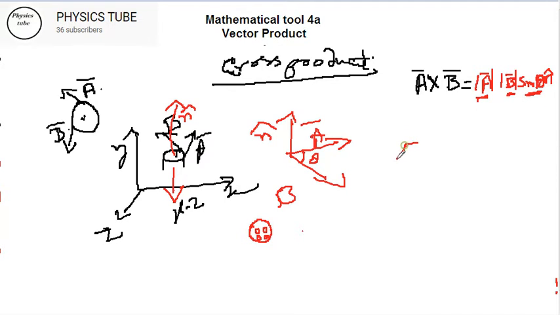See, the bolt is somewhat like this. Suppose we take a key which fits here, and which fits here. So this is my one force A and this is my other force B, and we are trying to make it 90 degrees somehow. If it is not 90, the value will be less, the value will reduce.